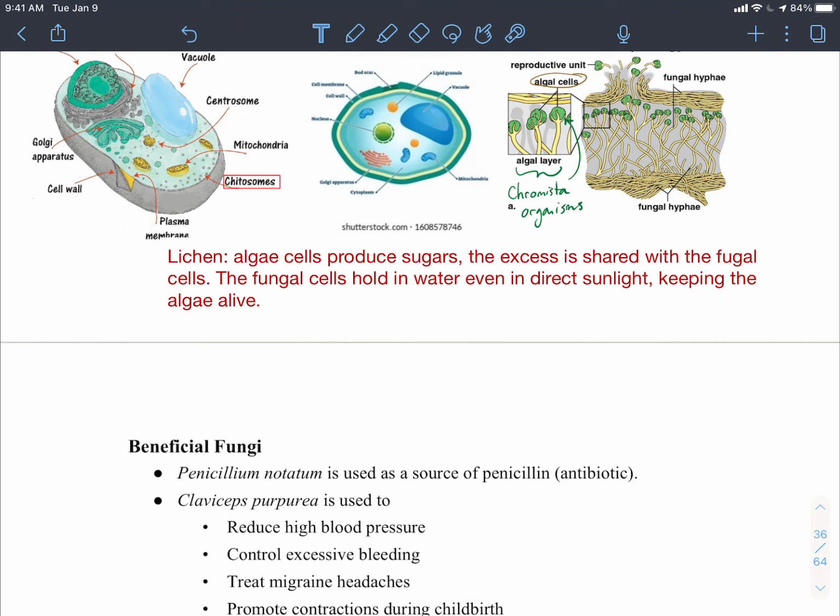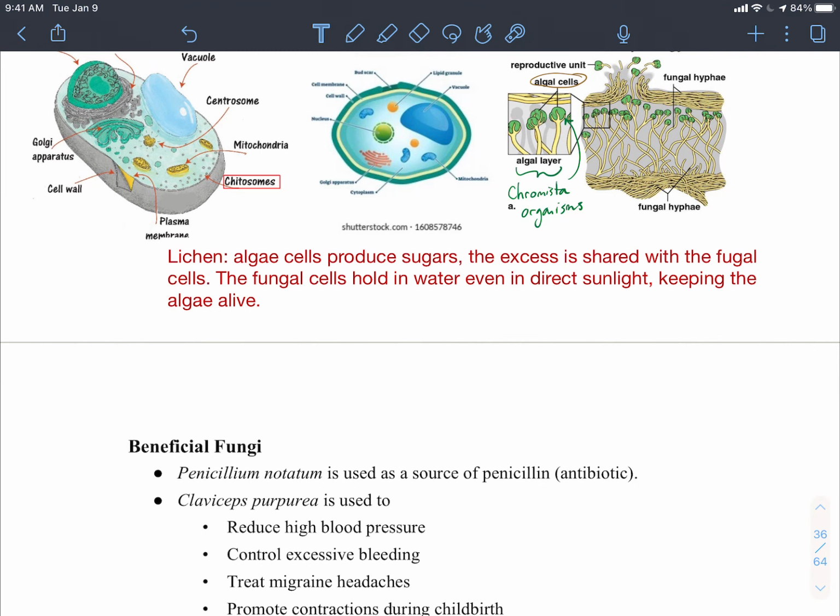But in this way, the fungus can protect the algae, help it stay moist, allowing the algae to function, because algae use photosynthesis. They need water to activate that photosynthesis. So that will be an essential part of keeping them going.